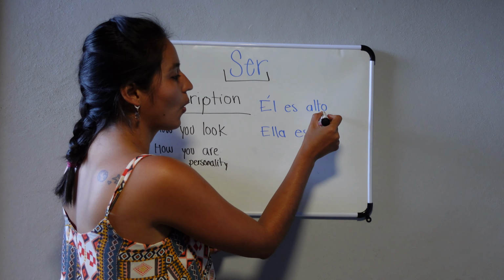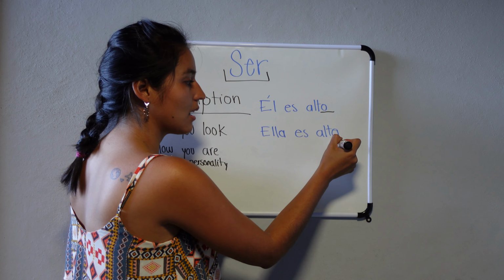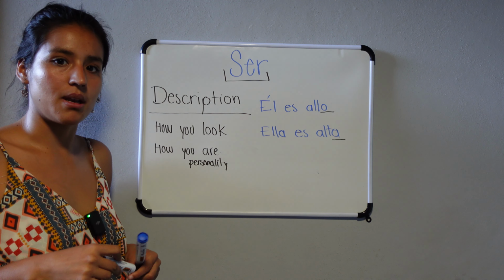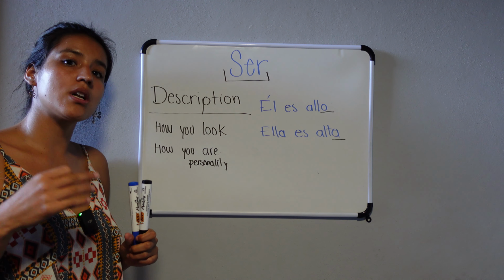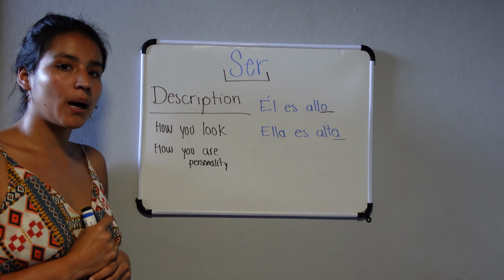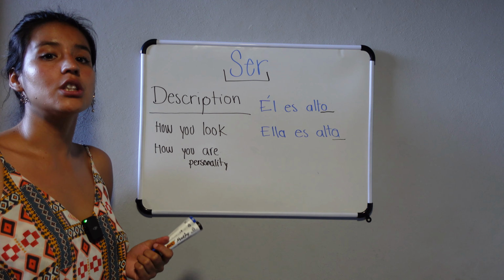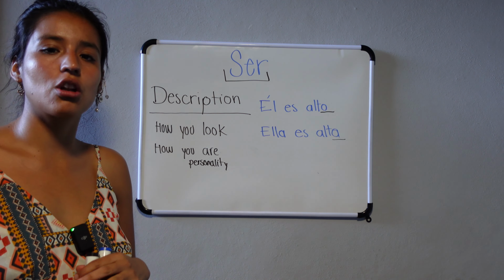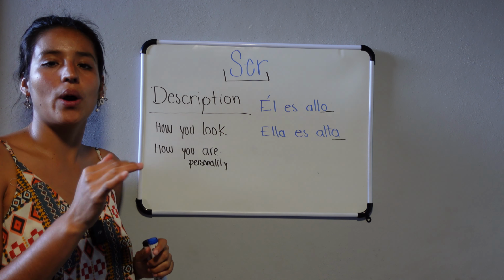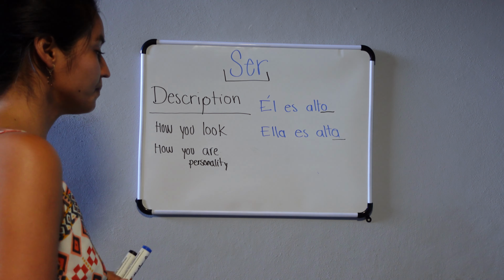Same, the O is gonna be masculine, the A is gonna be feminine. Some of them don't have that, but I'm gonna make a video about some adjectives that are for either feminine or masculine, they do not change. But for now, this is pretty good. You can start with O and A, super easy, okay?